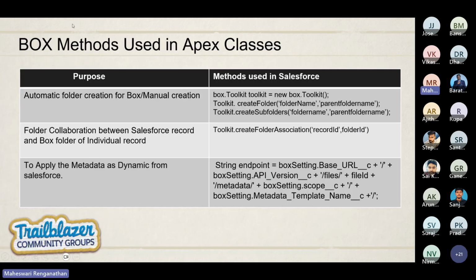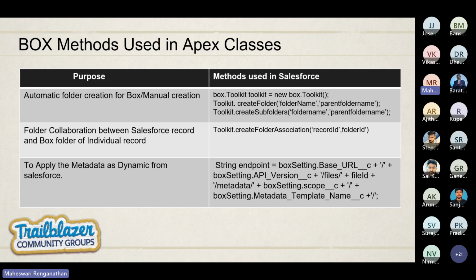In Box, we have helper classes provided by the AppExchange, by the Box product itself. In our project, we are using Box for automatic creation of the main folders and subfolders for each and every object.